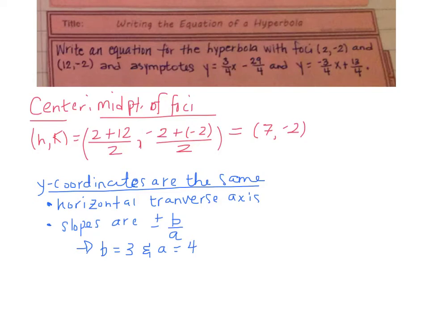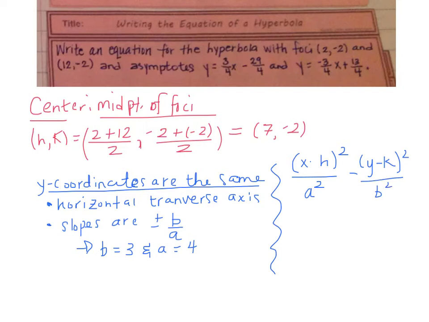I hope I said that correctly enough for you to understand. So here's what I mean. We're going to have (x minus h) squared over a squared minus (y minus k) squared over b squared equal to 1.